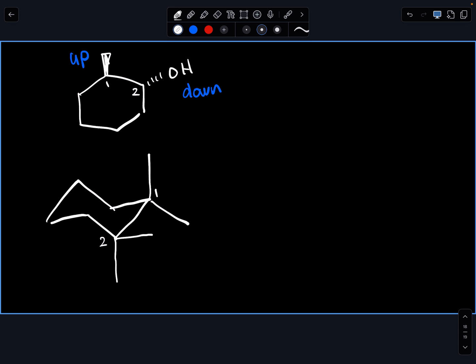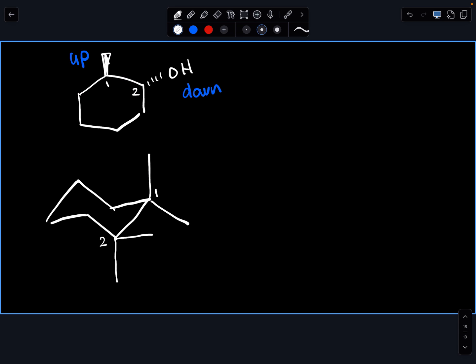How do I know that carbon 1 is one that's up and not one that's down? The way you should look at it is every one of those carbons has 2 bonds coming towards it, and I think of them as like an arrowhead. If the arrowhead is pointing more up, it's going to go straight up, and if the arrowhead is pointing down to that carbon, the line coming from that should go down.